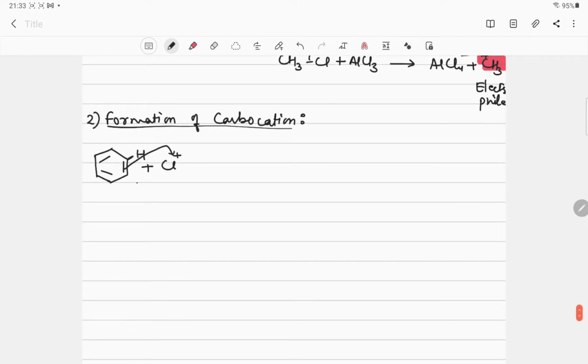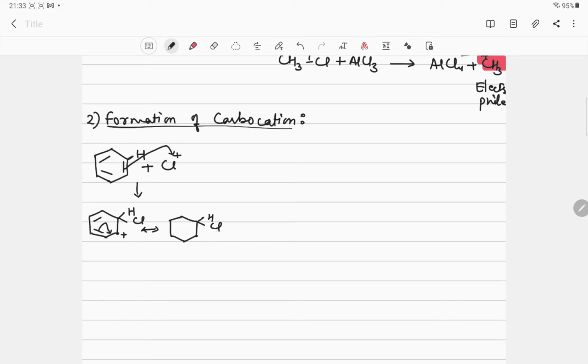Now what will be the carbocation formed here? The carbocation formed will be like this. These two pi bonds will be as it is. This pi pair of electrons is shared with chlorine, and that's how there is a positive charge present on it. Now this positively charged carbon will withdraw this pair of electrons towards itself. That is how the next resonating structure formed here will be like this.